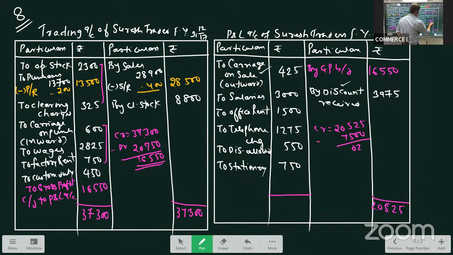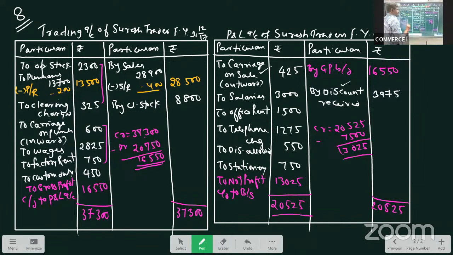So 13,025 is the net profit, and this net profit is carried on to the balance sheet. So the total is 20,525. See, go through it once.